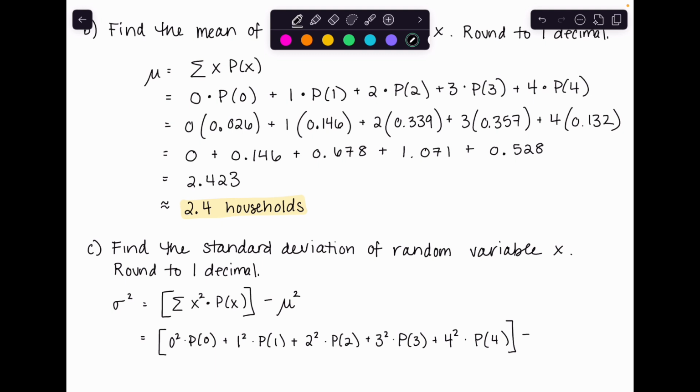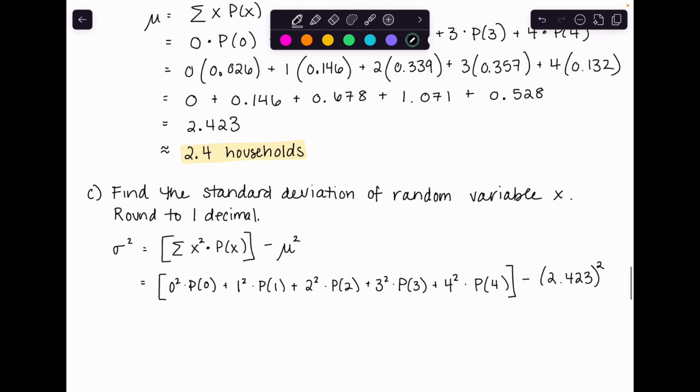And here's where I'd recommend not using the rounded number, actually use the 2.423. You should have tolerance allowed in your homework, but if you can use more decimal places, the better to start. Round at the very end. So to use these probabilities, I'm just going to go ahead and copy them from here because again, it's the same thing except the front now is squared.